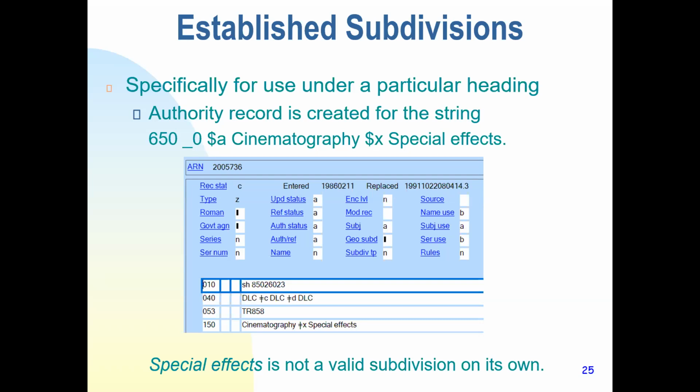Also, sometimes LC creates subject heading strings for validation purposes, just so that the subject will control in the bib record.